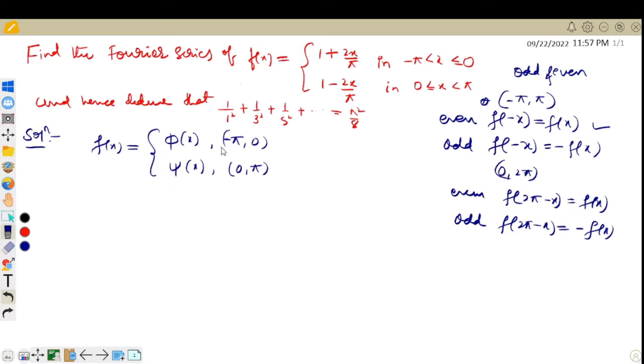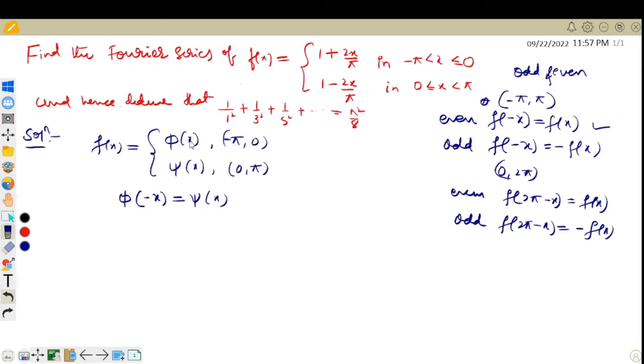How to verify that the given function is odd or even? We take phi and replace x by minus x, and we should get the value of psi of x.